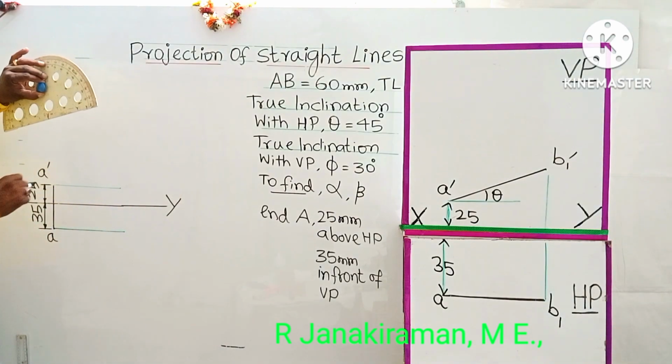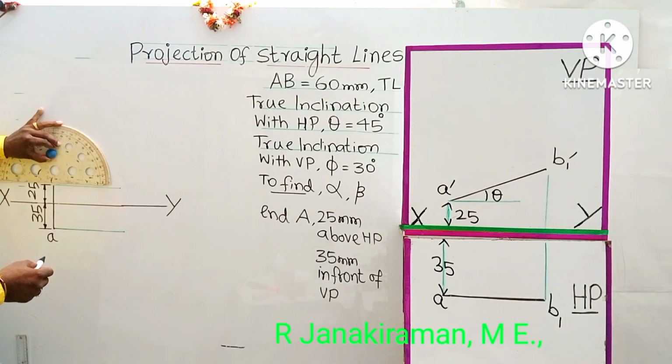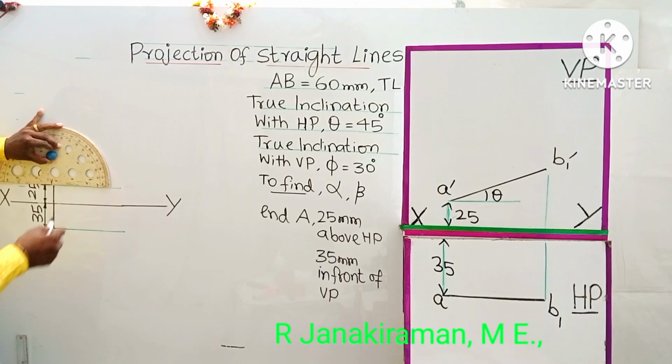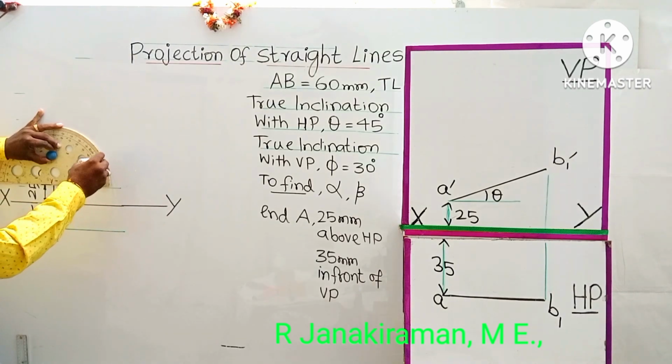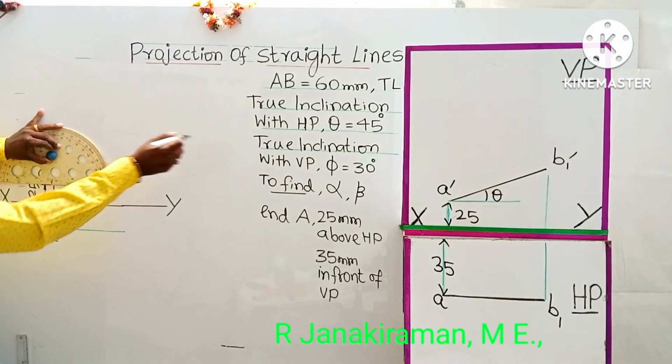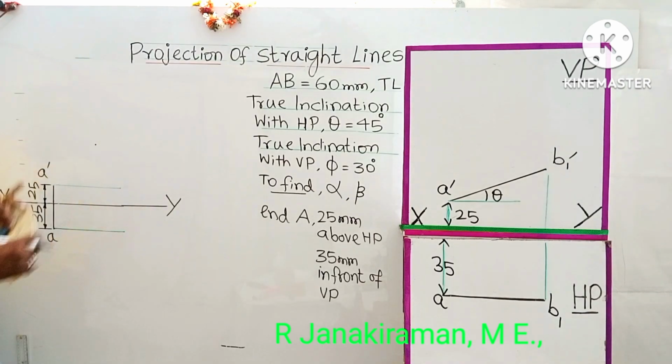Theta will always come above the XY line. This will not change. So 45 degrees, like 0, 10, 20, 30, 45 degrees. Put a point. Join the marked points using a freehand scale.